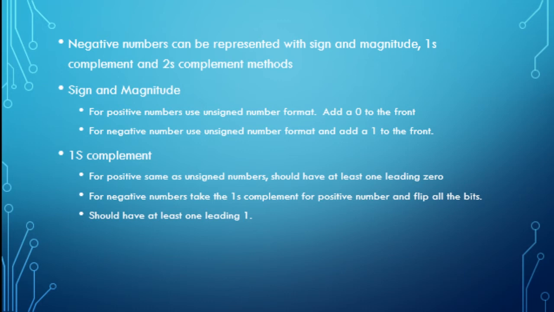If you don't have a leading zero, you need to add a zero to the front. If it is a negative number you want to represent, first take the unsigned format of the positive number, then add a 1 to the front. So make sure you have a leading 1 at the front.